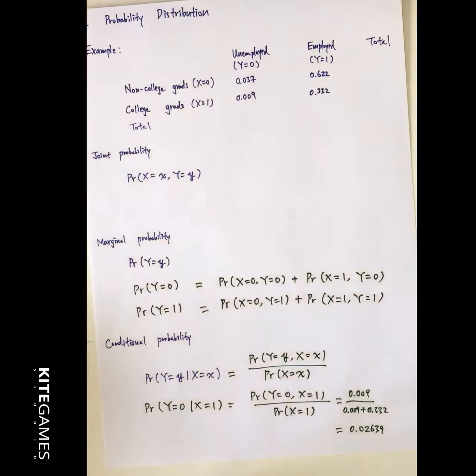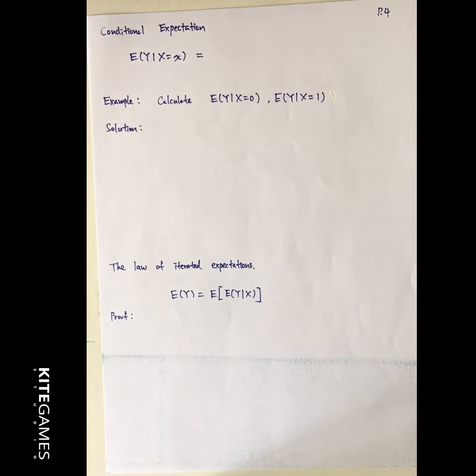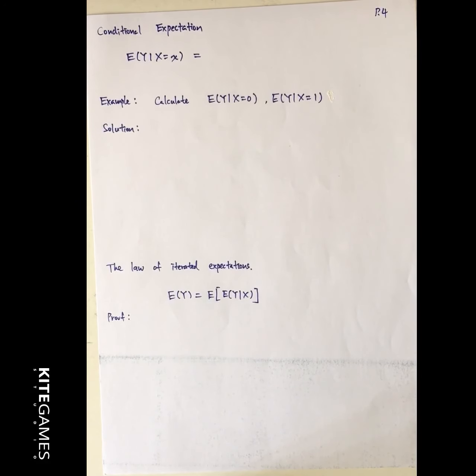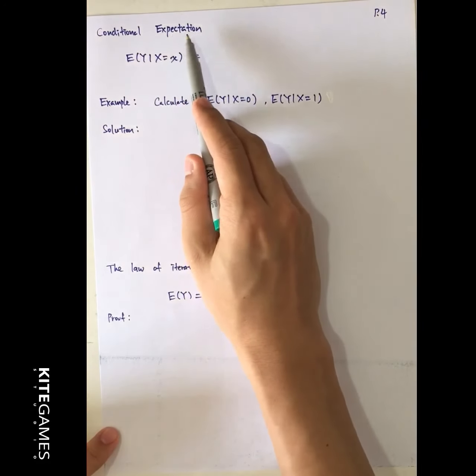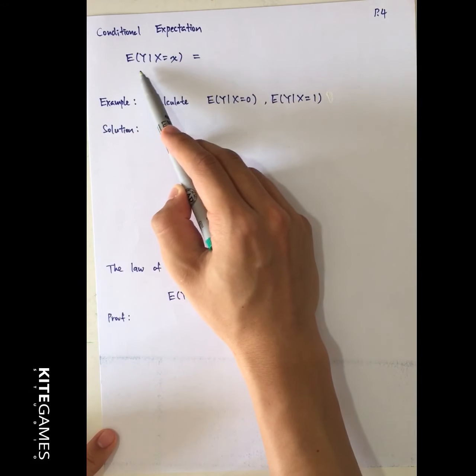Next, given these three probability distributions, we can draw some conclusions, or we can go to another concept which is called the conditional expectation. So next, we want to know what the conditional expectation is. Conditional expectation means that given some condition, what is the expected value of y?